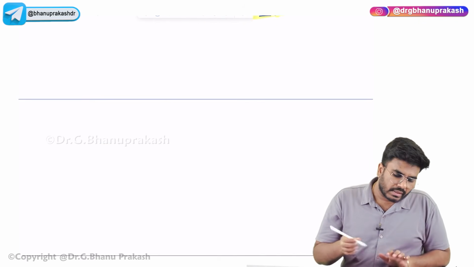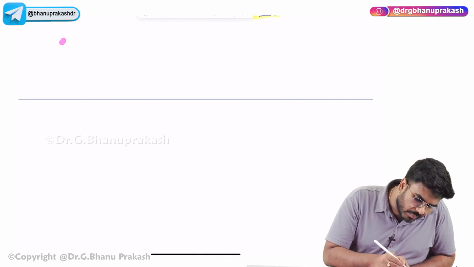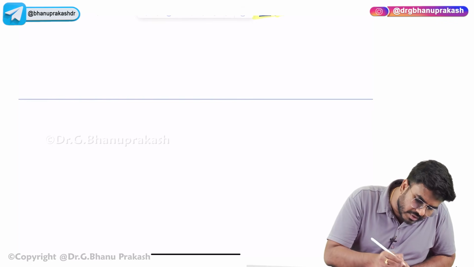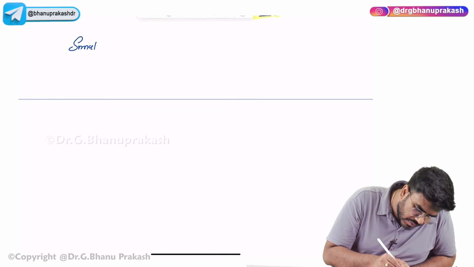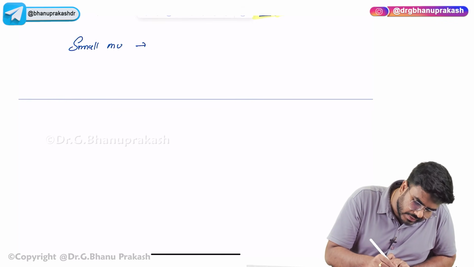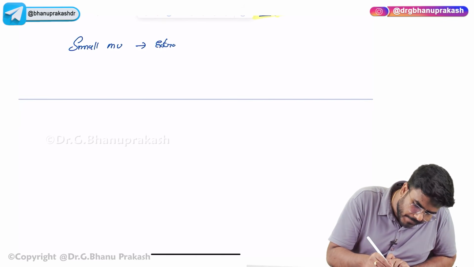So in your body, what are the examples of small motor units? Where are the small motor units present? Small motor units are present in extraocular muscles.